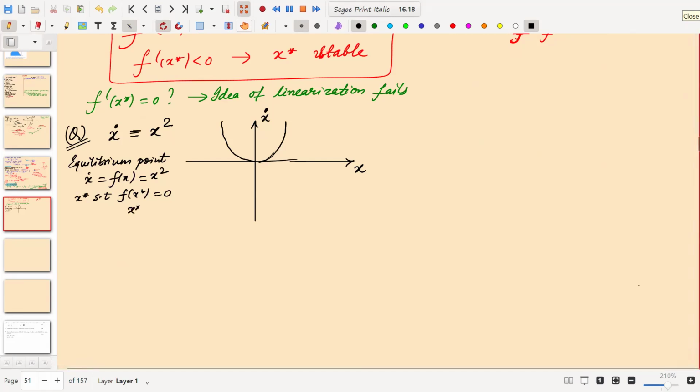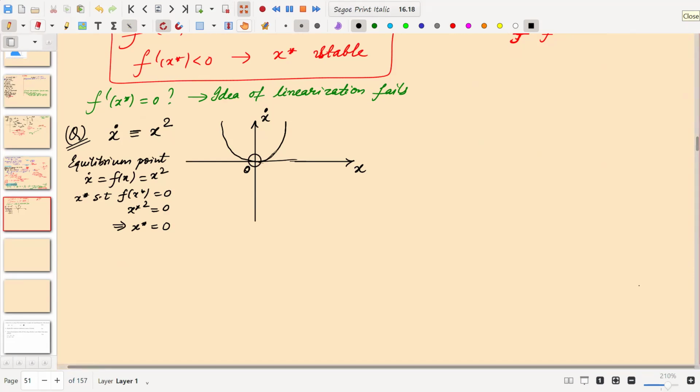Now f of x star equals 0 means x star square equals 0. What does it tell you? x star equals 0, which is at the origin O. So here is the fixed point. Let me mark it with a bigger circle. I will tell you the reason why I marked it with a bigger circle.